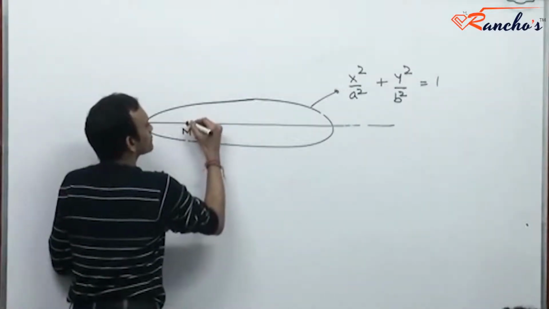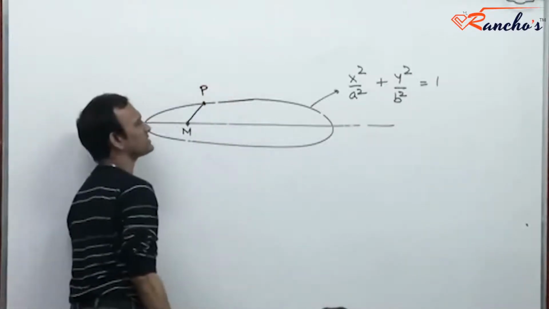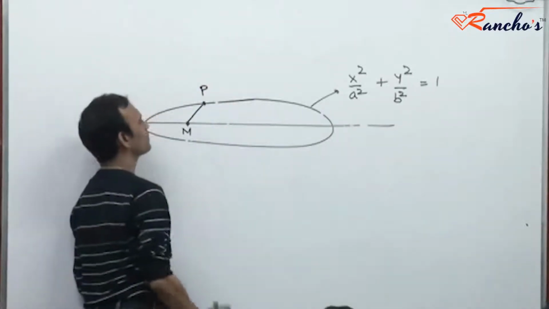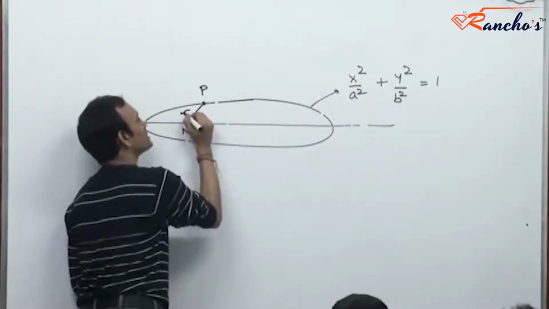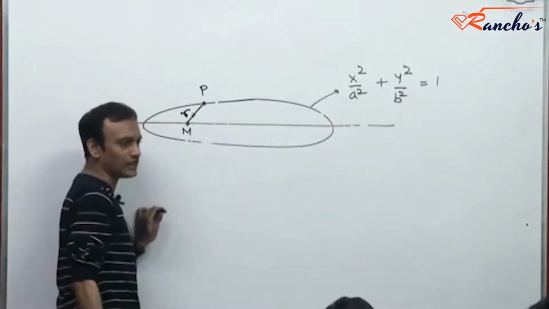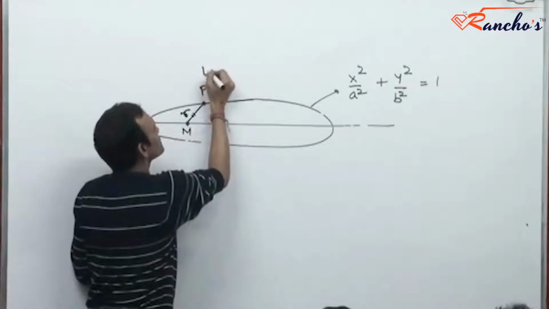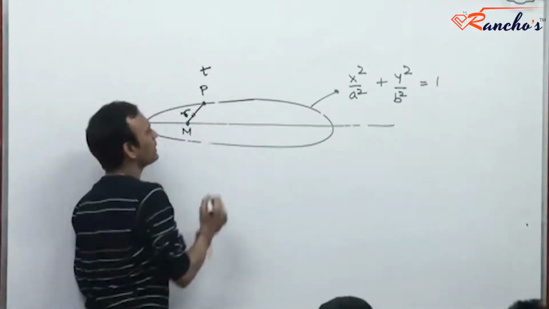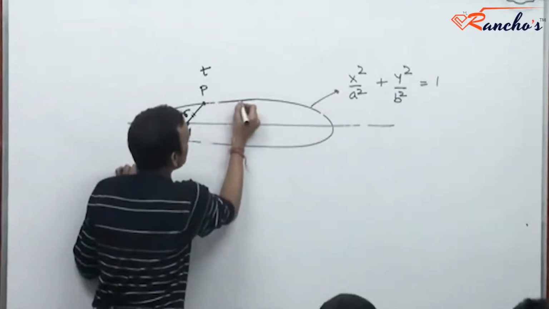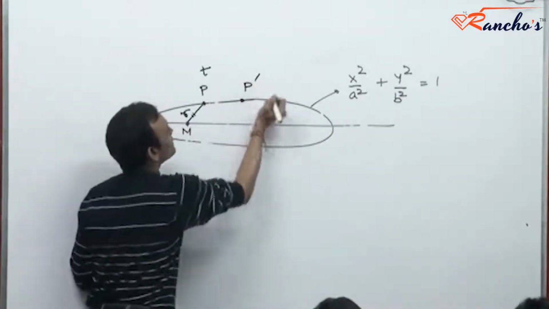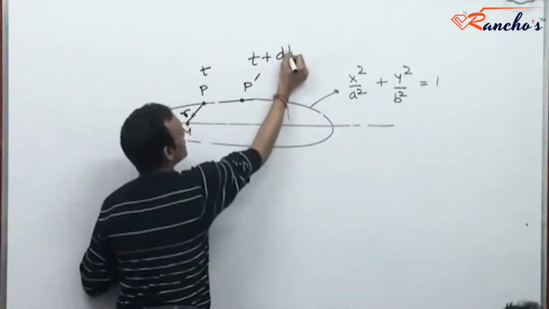Let's say at a given instant the particle of mass m is at P, at a distance small r from one of the foci, that is capital M. After a small time dt, let's say the particle arrives at P prime, in a small time dt.